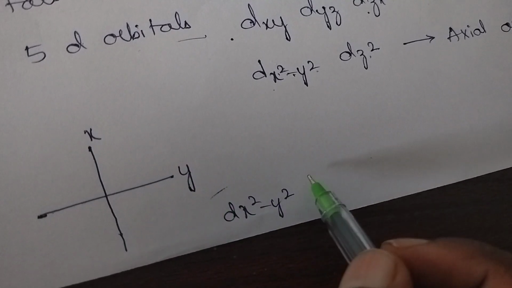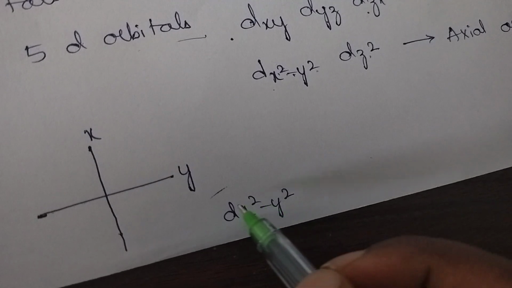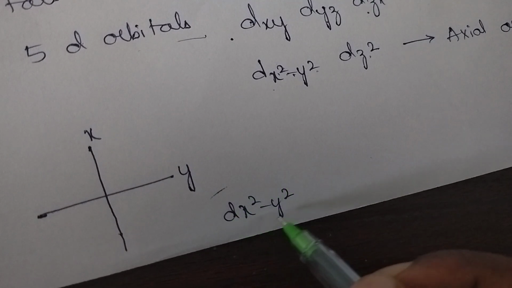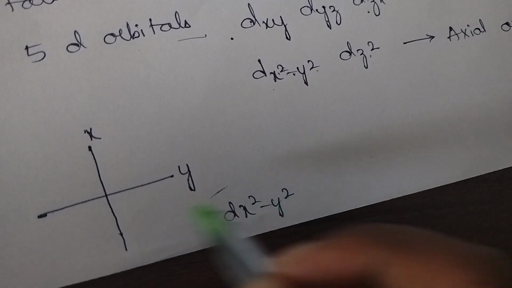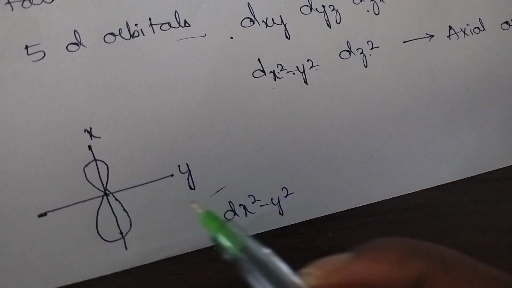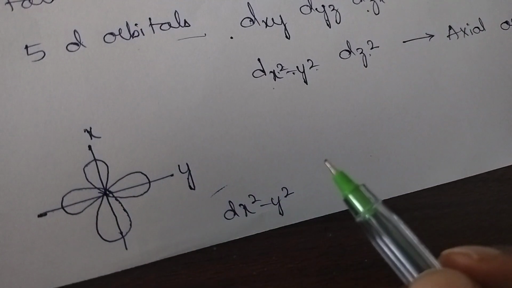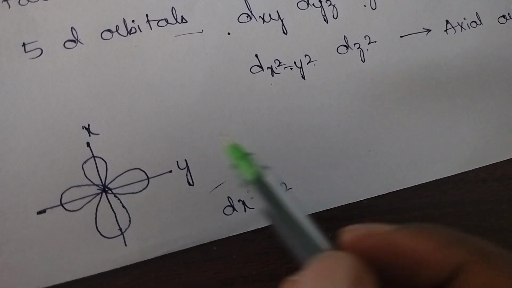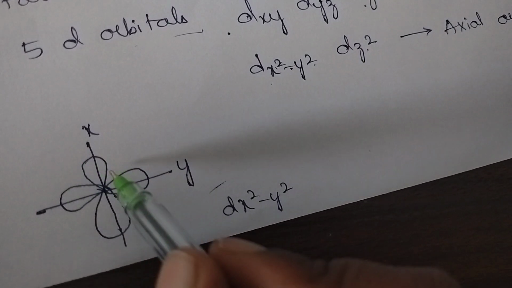The lobes of this orbital are present along the axis, one lobe here and another lobe here.